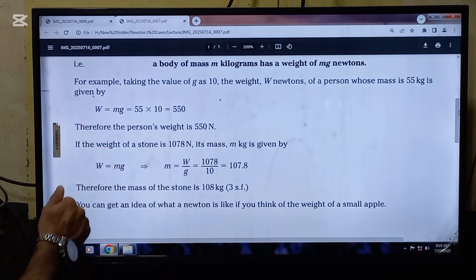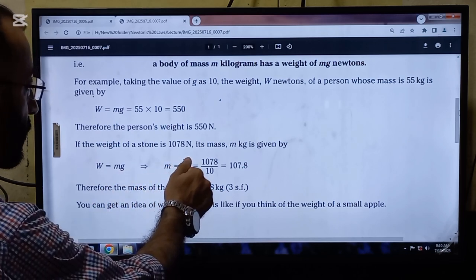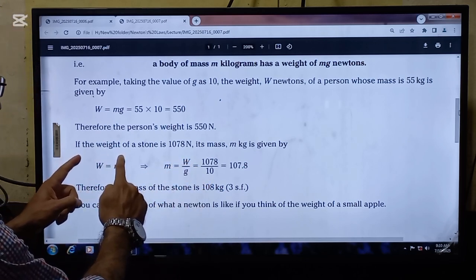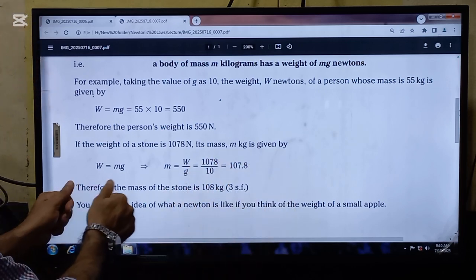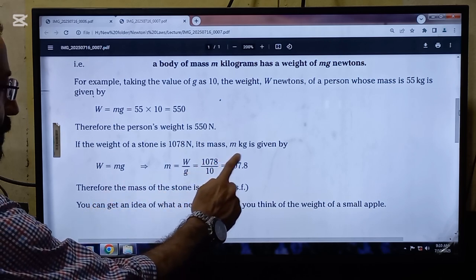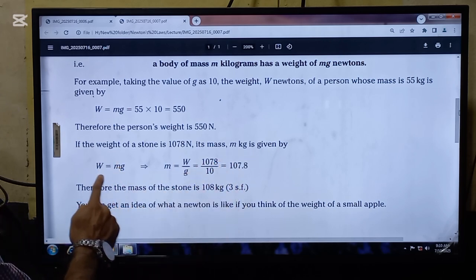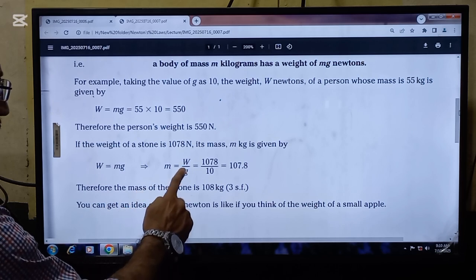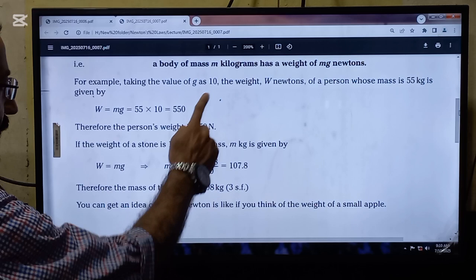Okay, and another example is here. If the weight of a stone is 1078 newtons, now look, weight is given, its mass m kg is to be found. Because the formula is W = mg and we want m, m will remain here and g will come to the denominator of W. Now putting values, W is given as 1078 and g's value is 10.